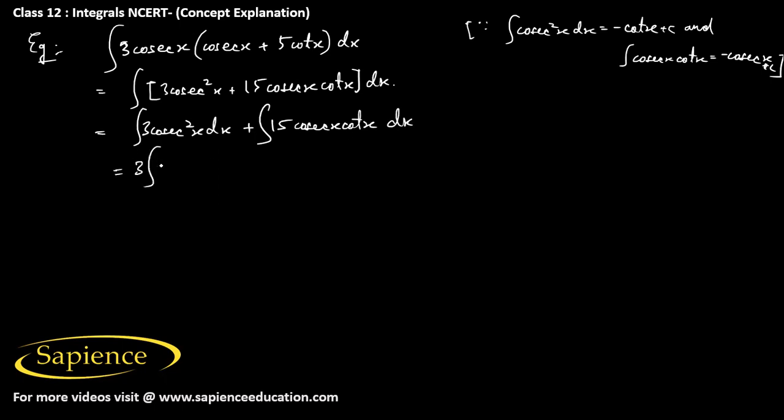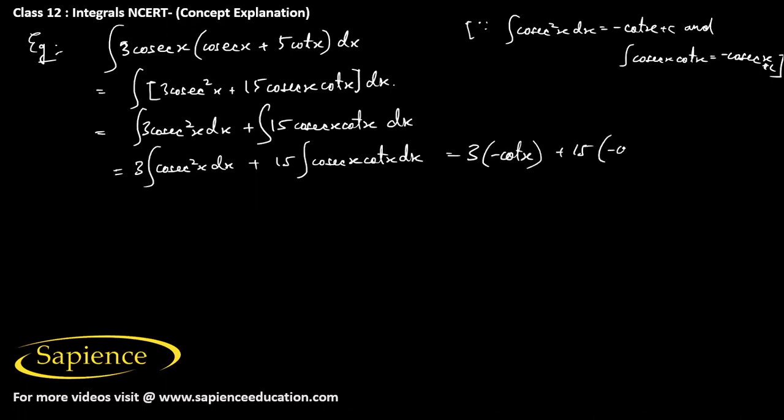So this will be 3 into integral cosec square x dx, plus 15 into integral cosec x cot x dx. This will be equal to 3 into, integral cosec square x is minus cot x, then plus 15 into minus cosec x plus c.